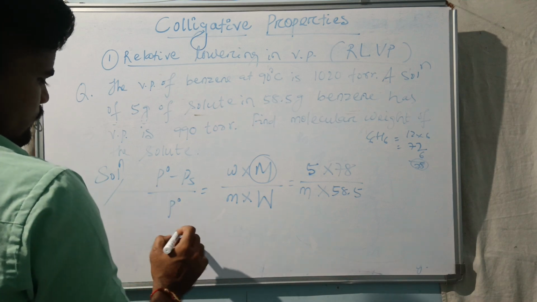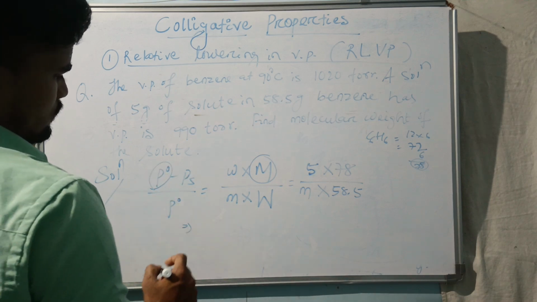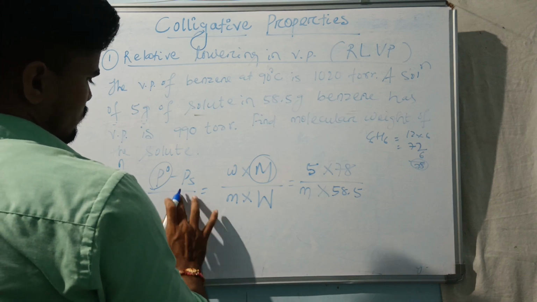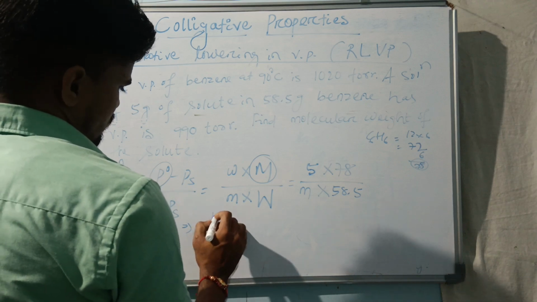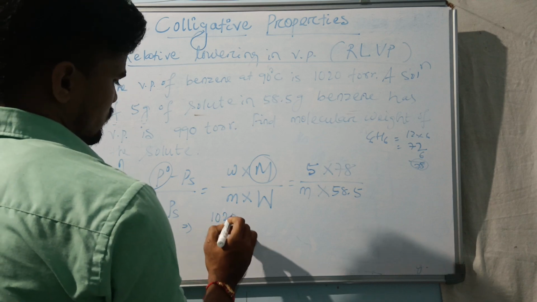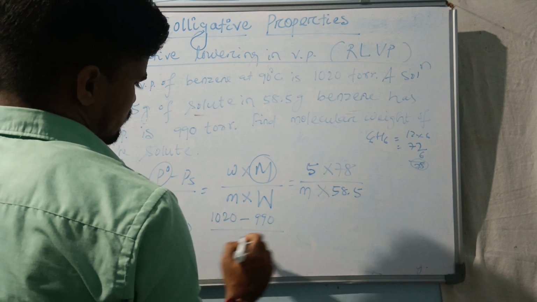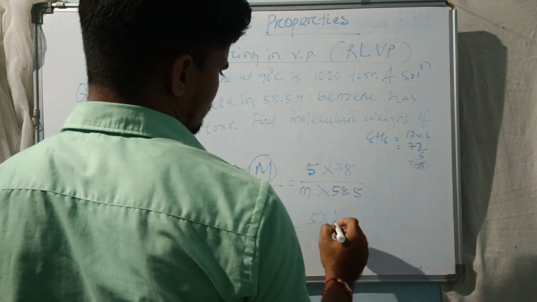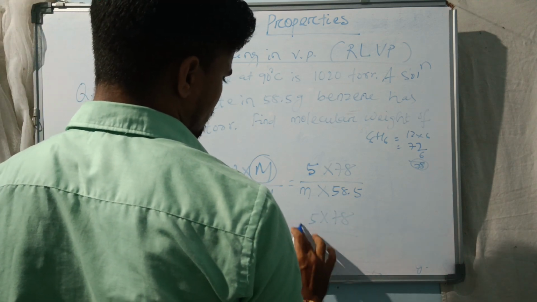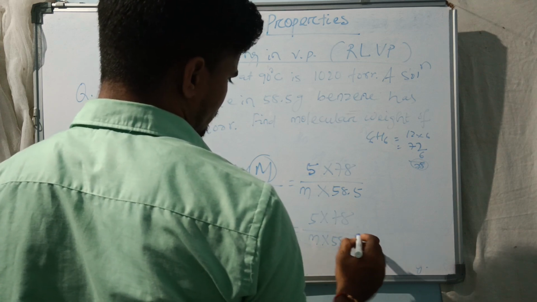Again we have to put the P naught value. Now it is given: 1020 minus 990 divided by 1020 is equal to 5 into 78 upon m into 58.5.